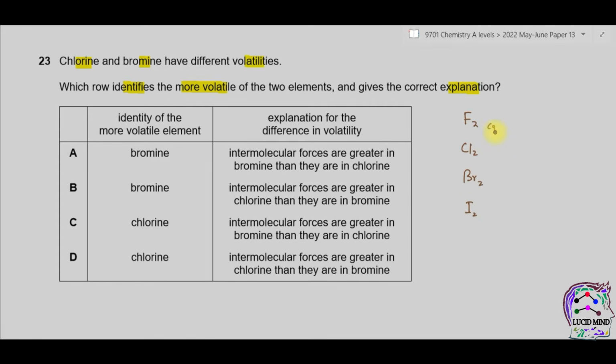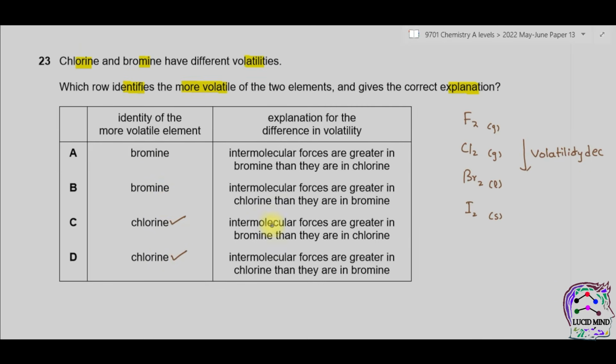Fluorine and chlorine are gases, bromine is a low boiling liquid and iodine is a solid. So we can see that down the group volatility decreases. Bromine is less volatile as compared to chlorine, so the more volatile will be chlorine.